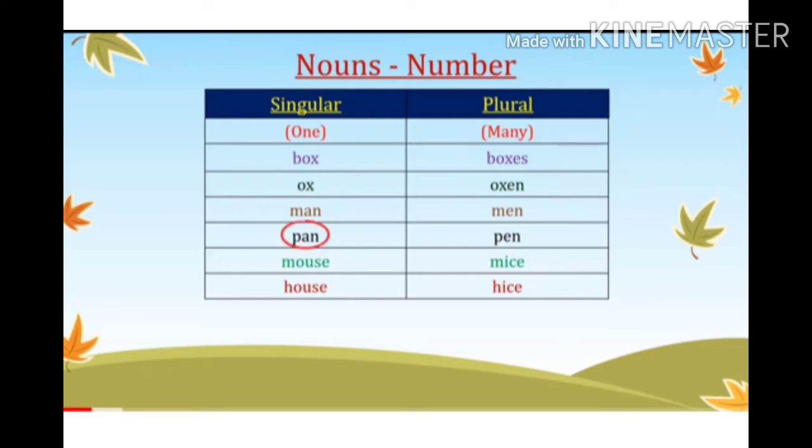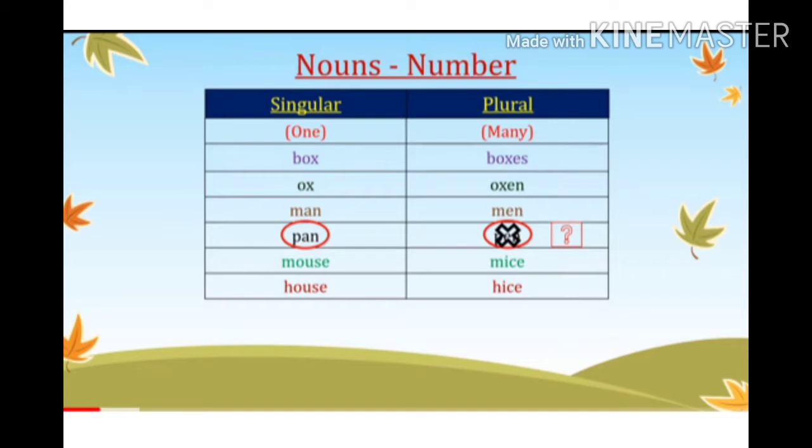But this is not correct. One pan is a pan, but many are not pen. That is wrong. One pan is a pan and many are pans. But why? We have to learn about it.